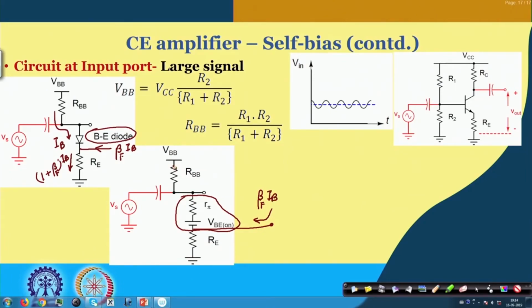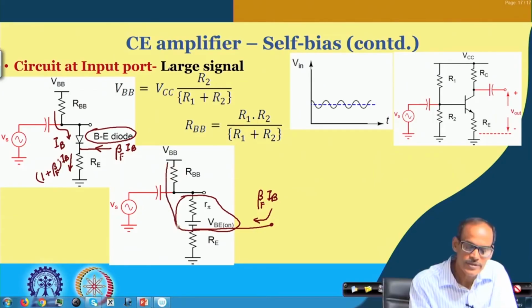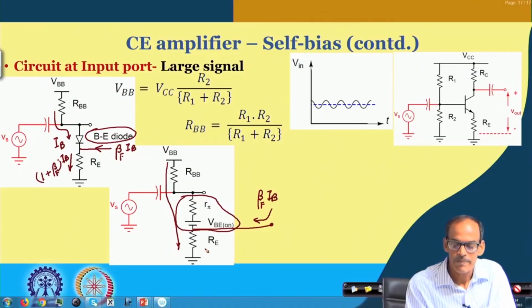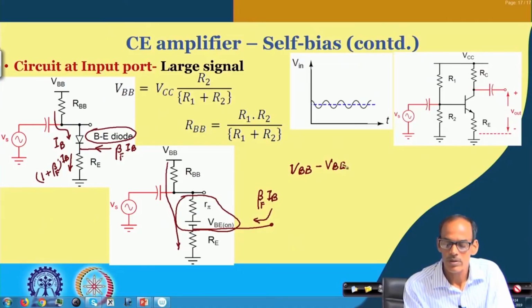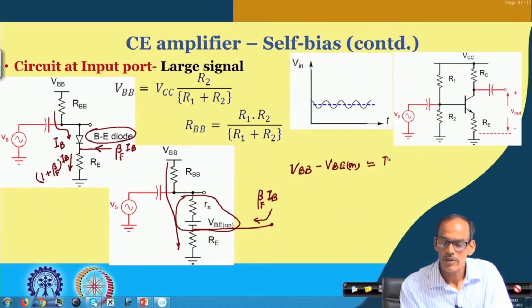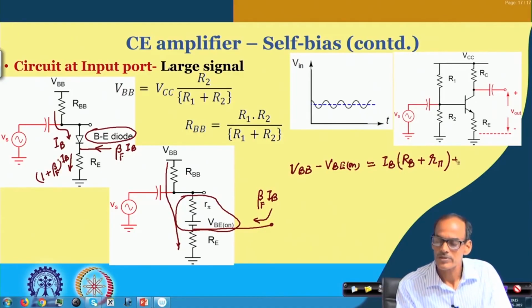So, now if we analyze this circuit, what we get is VBB minus VBE on equals IB times RBB plus r pi, and then plus IB multiplied by 1 plus beta times RE.